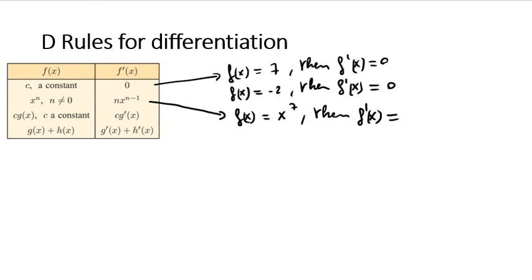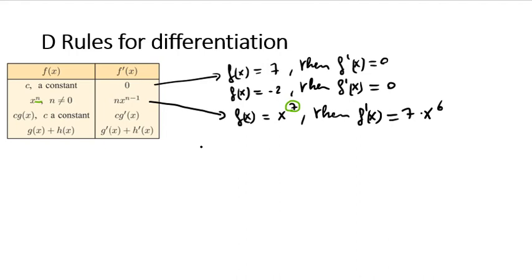In this case, n is the 7 here. So it's equal to 7 times x to the power of n is 7, so 7 minus 1, which is 6. So you actually lower the exponent by 1.